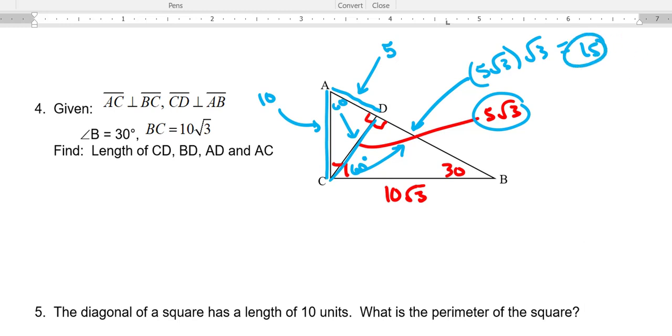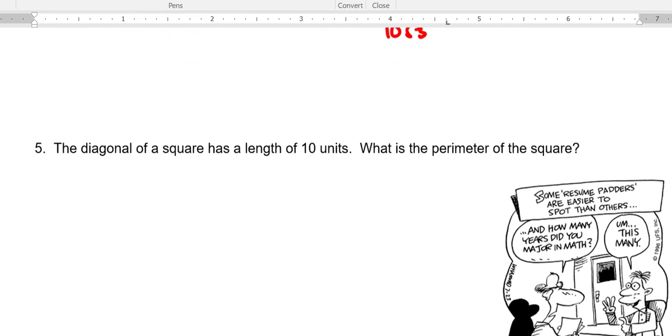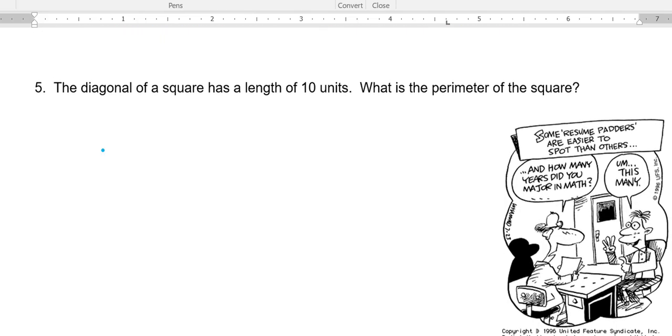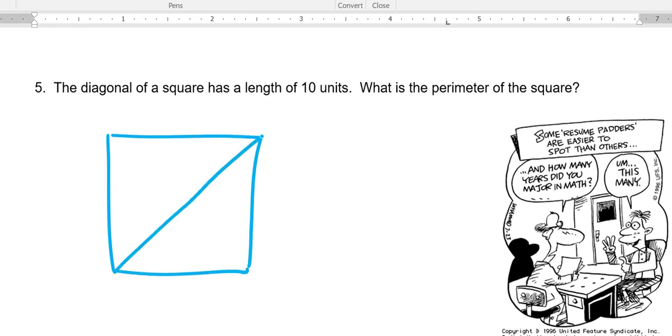Okay, let's try this one down here. Diagonal of a square is 10. So there's 10. What's the perimeter? 45, 45, 90. And so these are x and x right there. So this is the side that's opposite, this is my x root 2 side. That's equal to 10.